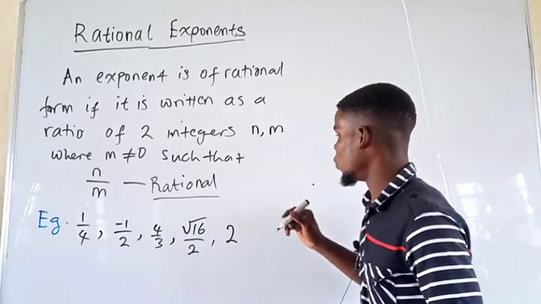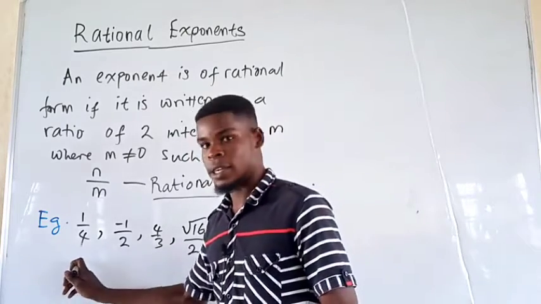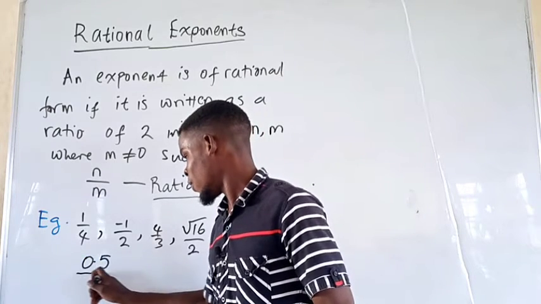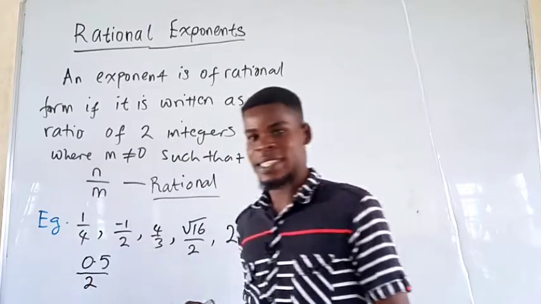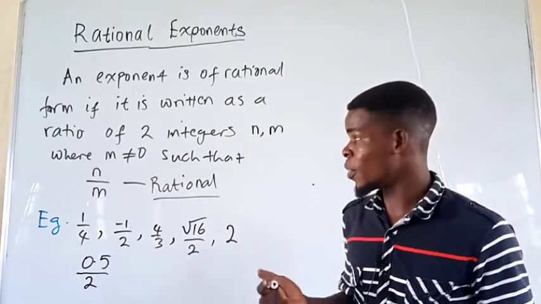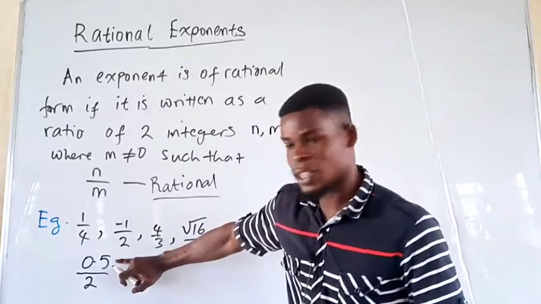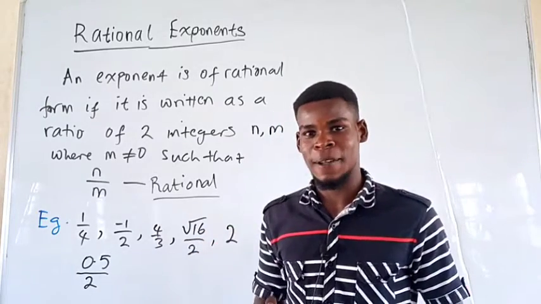What if I give you this, say 0.5 over 2? Is this also a rational number? Remember, we are talking about ratio of two integers. This is not a whole number, but this is a whole number.